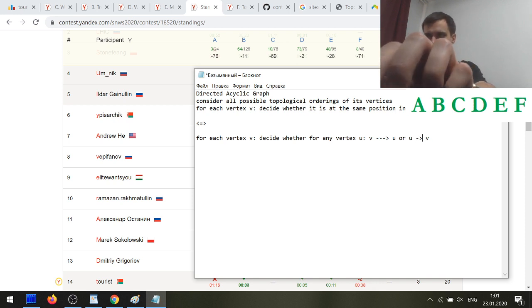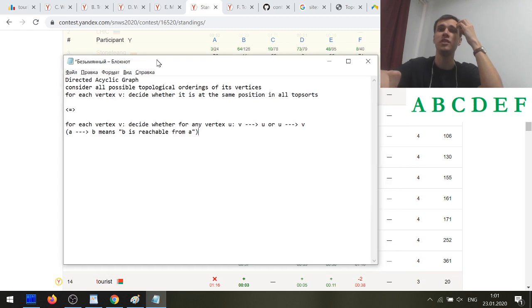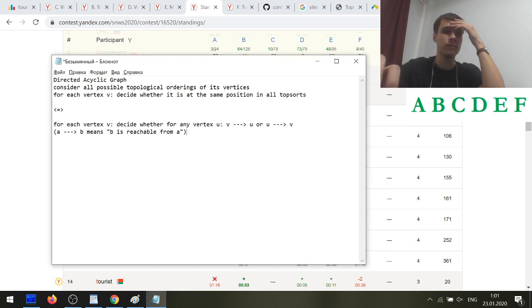And here, a arrow b means that b is reachable from a. So we just need to check whether we can reach any other vertex or any other vertex can reach us.